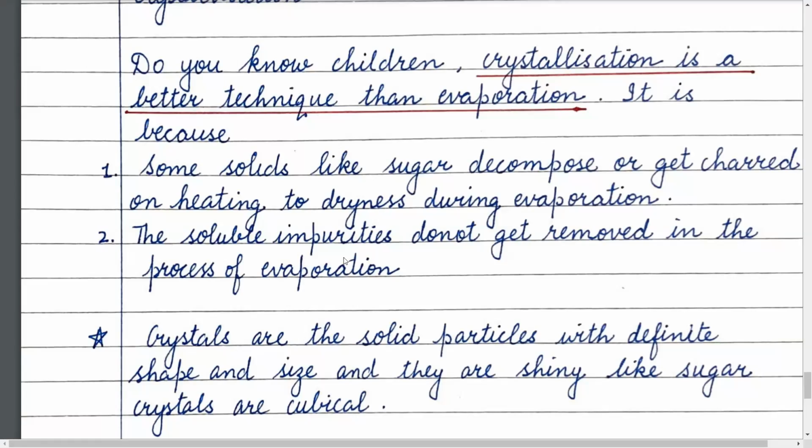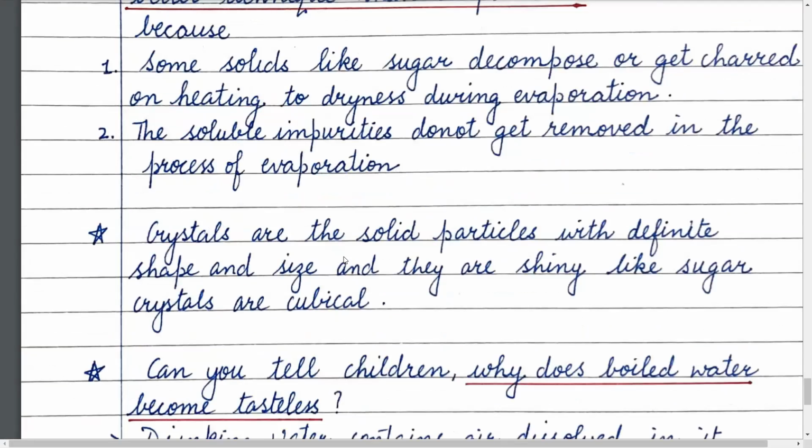Crystallization is a better technique than evaporation. It is because some solids like sugar decompose or get charred on heating to dryness during evaporation, and the soluble impurities do not get removed in the process of evaporation. Hence, crystallization is a better technique than evaporation.